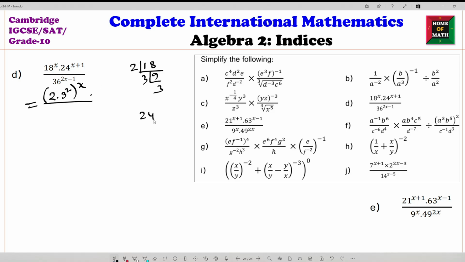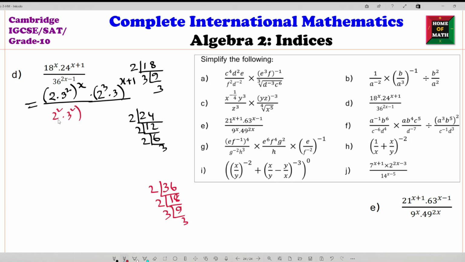And 24, if we prime factorize, so 2, 12, 2, 6, 2, 3, so 2 to the power 3 times 3, to the power x plus 1, this one we can write, and 36, 2, 18, 2, 9, 3, 3, so it means 2 squared 3 squared, to the power 2x minus 1.